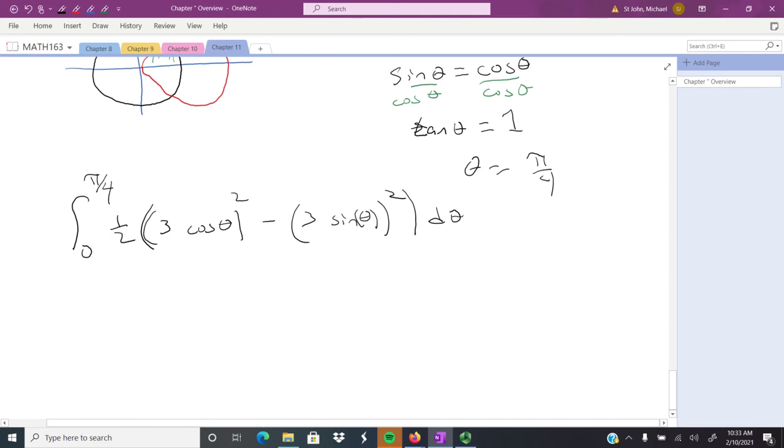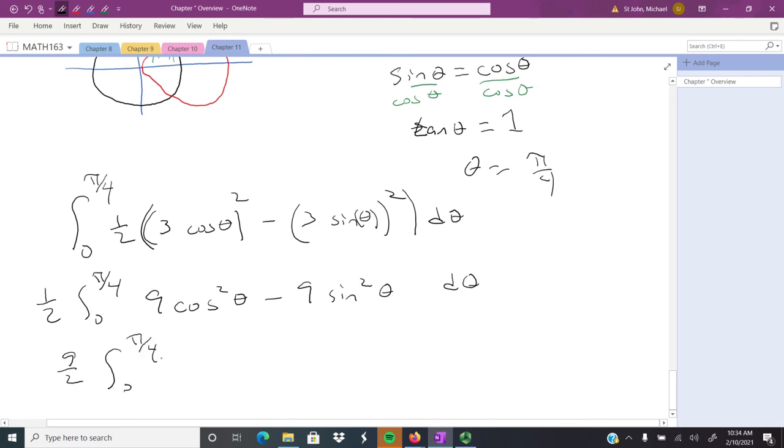Well, the half we can pull out front, so 1/2, from 0 to pi over 4. This is going to be 9 cosine squared minus 9 sine squared. And then, of course, the 9 we can pull out front. So this is going to give me 9/2, from 0 to pi over 4, of cosine squared minus sine squared.